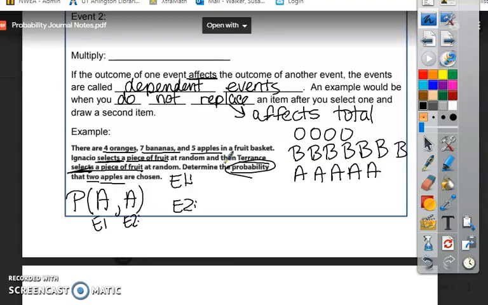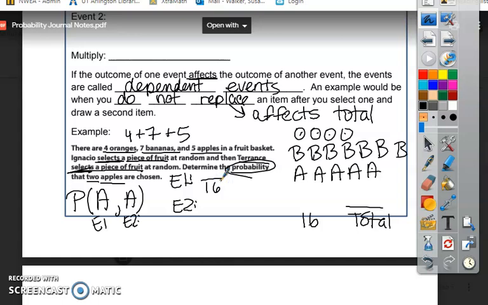So we need a total, right? 1, 2, 3, 4, 5, 6, 7, 8, 9, 10, 11, 12, 13, 14, 15, 16. So I'm seeing a total of 16, or 4 plus 7 plus 5. So 16.